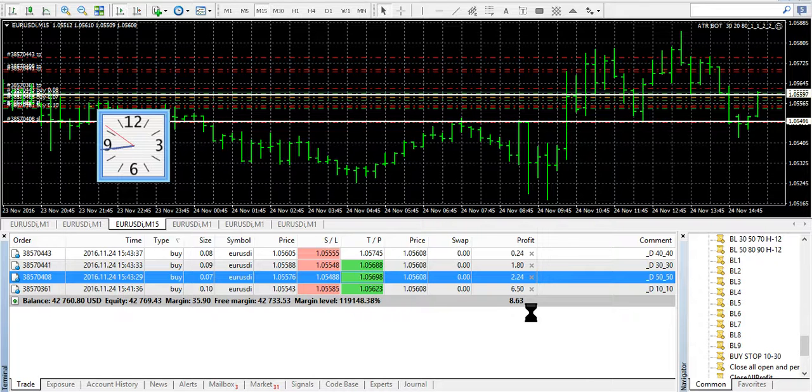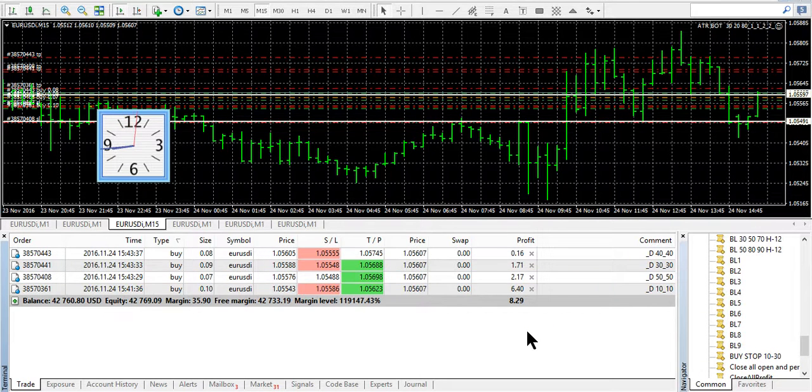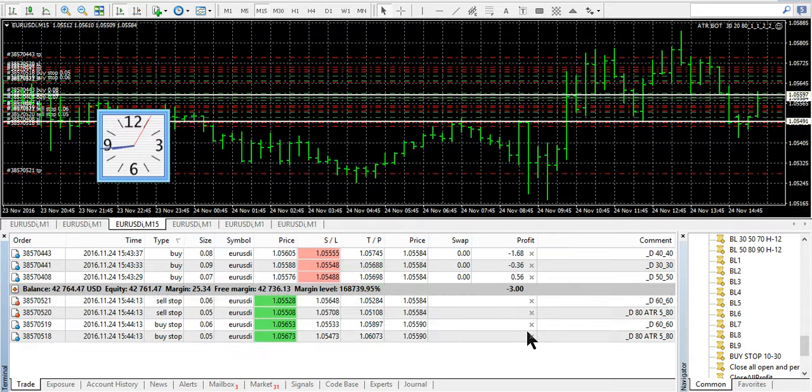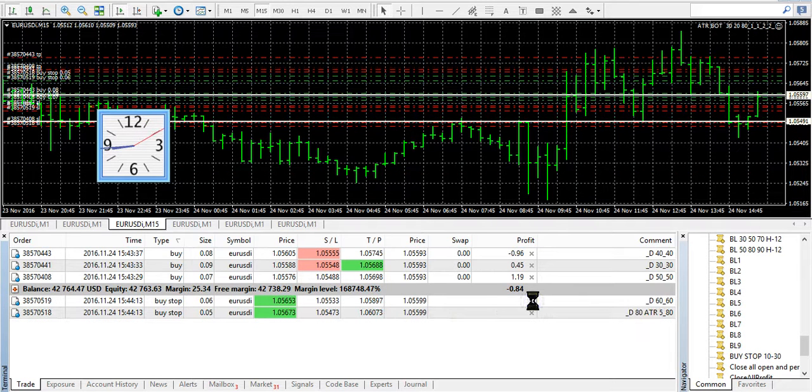Okay, this is that 15 pip run. Now we just say got like 2 pips left to go up, and no, didn't get it. So I don't want to get trapped on these.